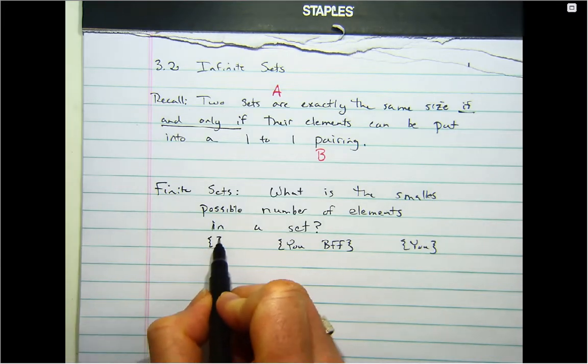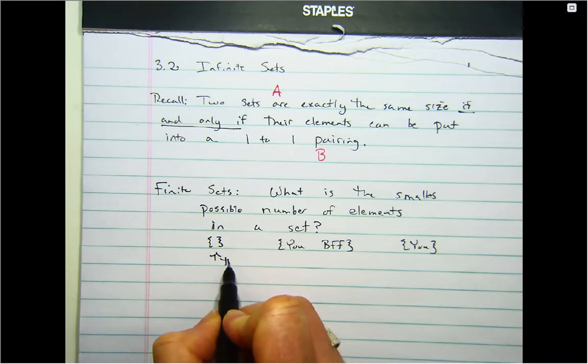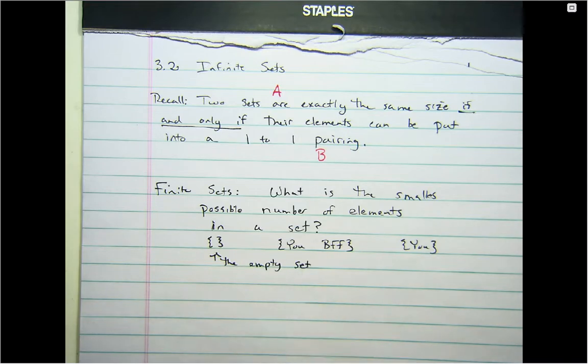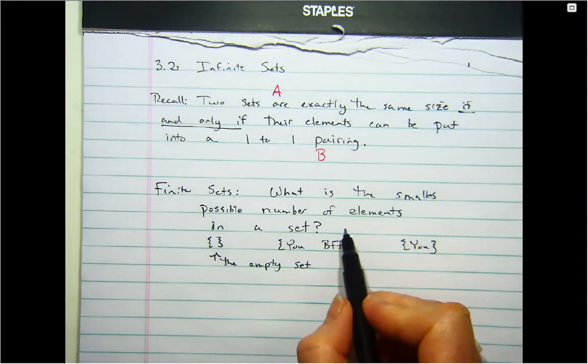Yes. You can have the empty set. How many of you have heard of the empty set? One of your earlier math classes, maybe? Okay, so you could have had an empty set. So the smallest number of elements in a set is 0.